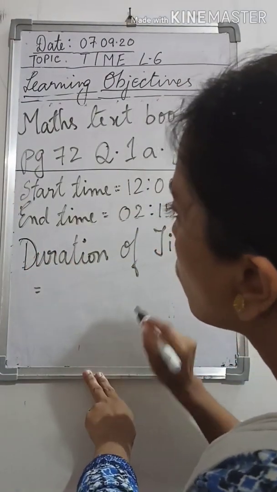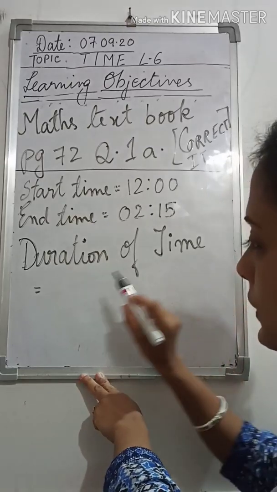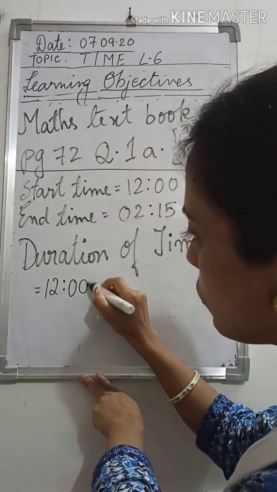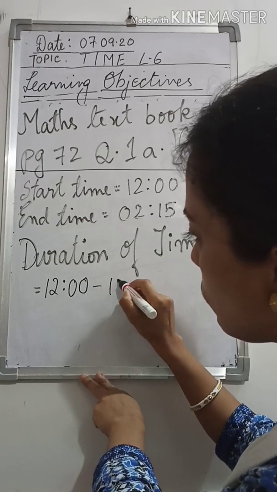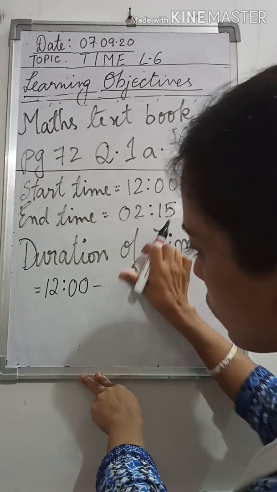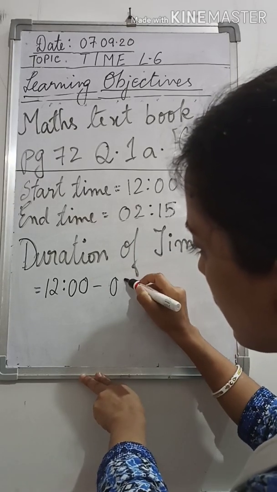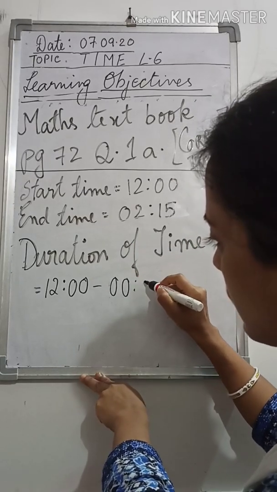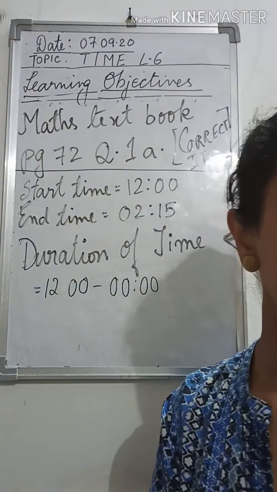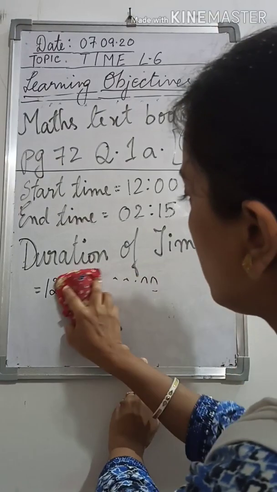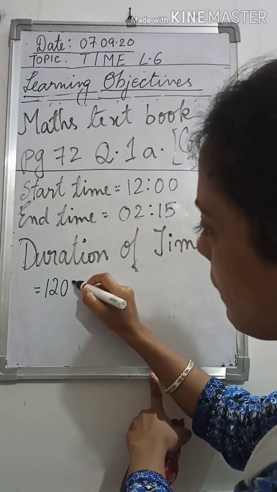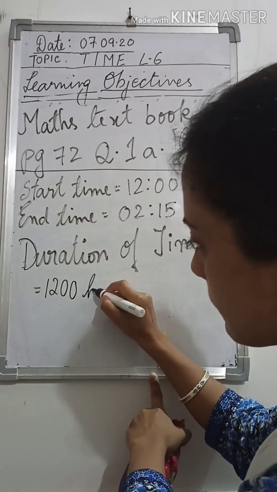So what is the duration of time? We know that this is the noon time, so from 12 noon to 12 midnight. 12 midnight we are going to write as 00. It's better if we convert it to the 24-hour clock and write the time so that you don't get confused. 12:00 is for your noon time.